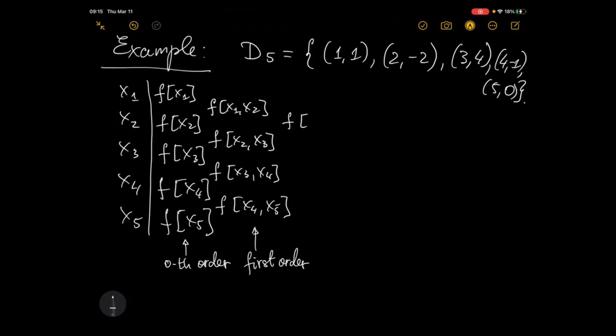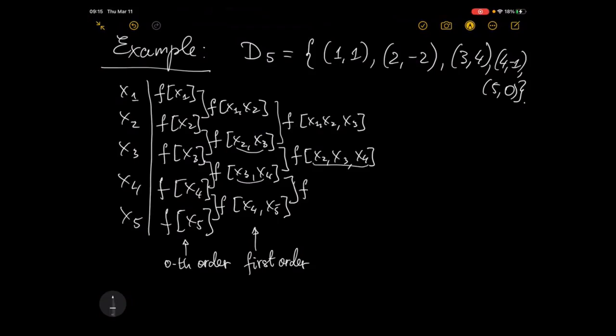Then we get together these, so here we are getting x1, x2, x3. Here will be f of x2, x3, x4. Pay attention, here we're using x2, x3, here x3, x4. So here we are using 3 points already.